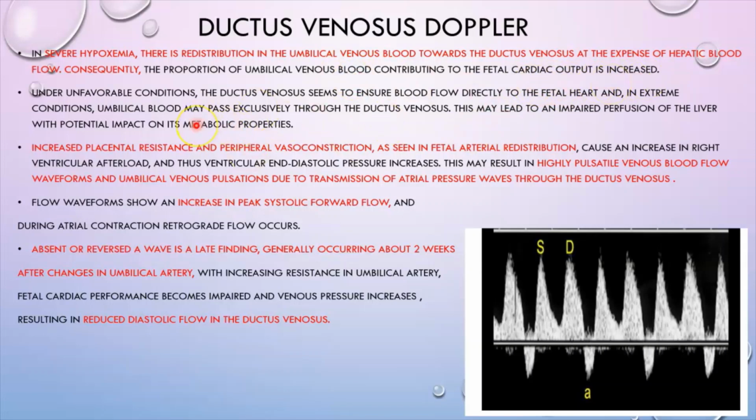Under unfavorable conditions like hypoxemia, the ductus venosus seems to ensure that the blood flows directly to the fetal heart, and in extreme conditions, the umbilical blood may pass exclusively through the ductus venosus. This may lead to an impaired perfusion of the liver with potential impact on its metabolic properties.